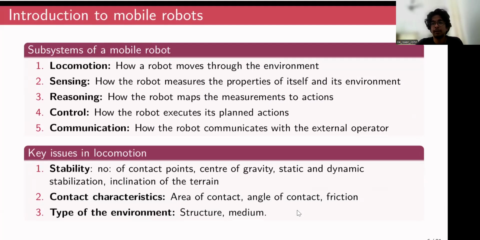And depending on whether or not they need some power source for their actuation, you can again classify them as active sensors, or, if they do not require any power, as passive sensors. And the third subsystem is reasoning, which deals with how the robot maps the measurements to its actions.